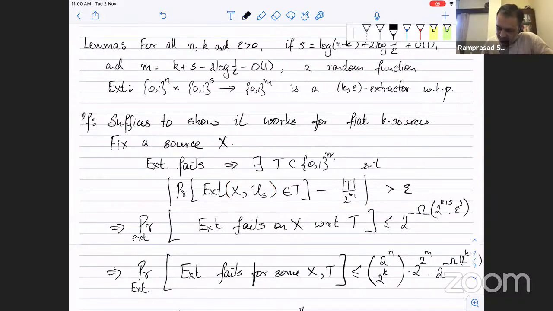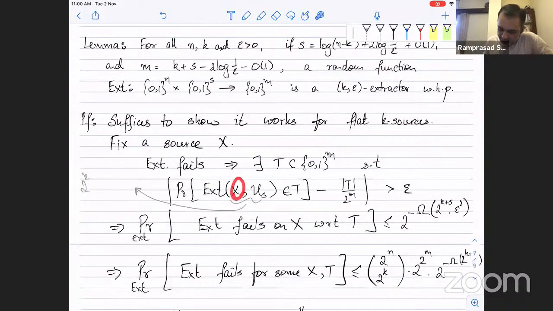So there are basically 2 power k possibilities for whatever was fed into X, and then there are 2 power s possibilities of whatever was fed into this uniform distribution. And we are asking what fraction of them fall inside my set T. Is this clear so far?